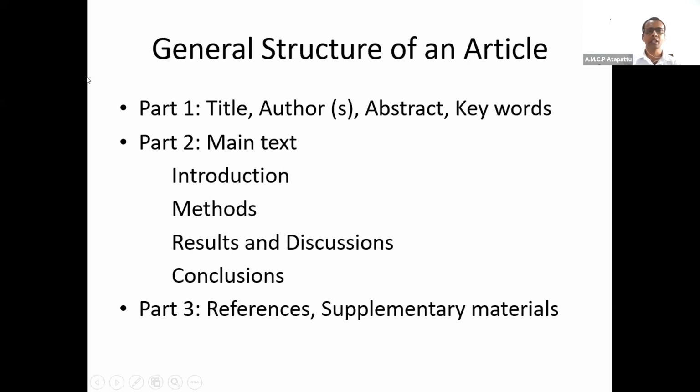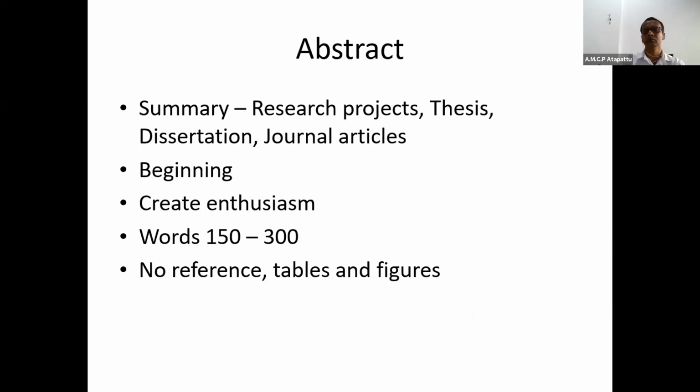Now here we are taking the first part, the abstract. These keywords you want to understand when you are writing an abstract. An abstract is a summary. Totally you are having a project. It may be a thesis, thesis meaning at master level, a dissertation at undergraduate level, or journal articles.